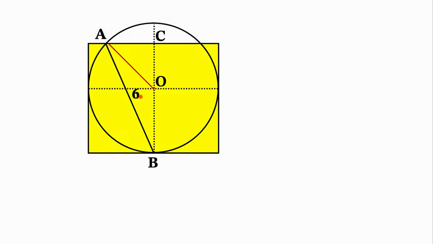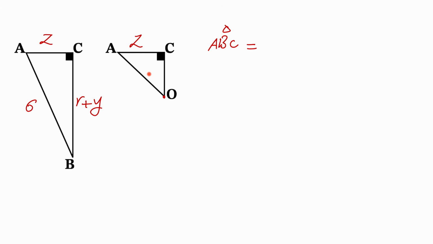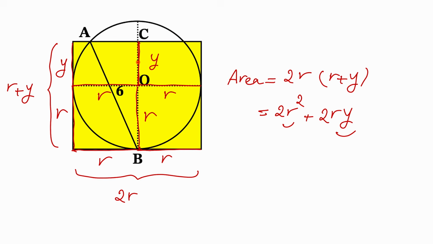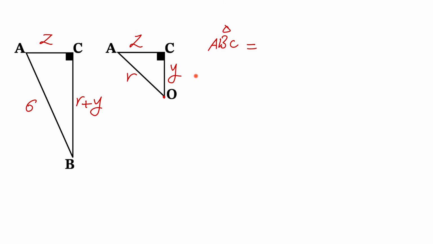OA is not defined, and it's the radius of the circle. So in here we can write OA as R. OC is also denoted by Y. So we can write 6 squared is equal to Z squared plus R plus Y, whole to the power of 2.